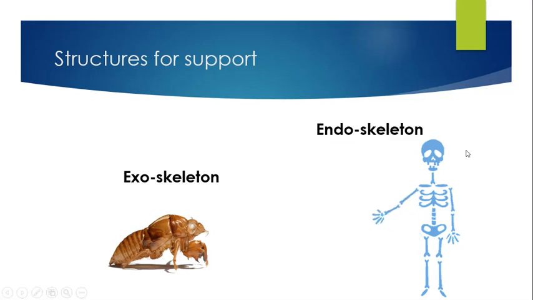For example, the skull protects the vital brain organ, and the rest of the skeleton supports our body to stay in a good posture.